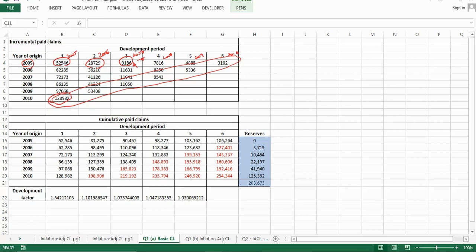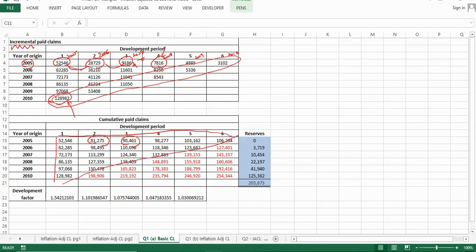You will also observe that this is an incremental paid claim. That's why I said this is paid in 2010, and this is paid in 2008, relating to accidents incurred in 2005. So to apply the basic chain ladder method, we need to accumulate these paid claims. For example, for this one we add these two, for this one we add these three, etc. So we obtain the upper triangle which relates to paid claims.